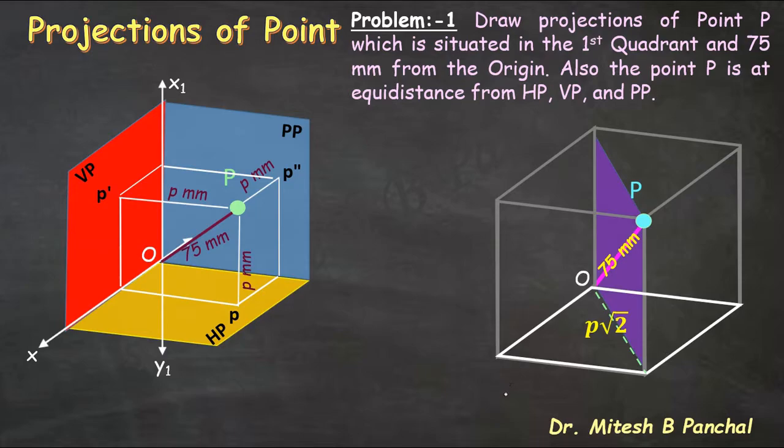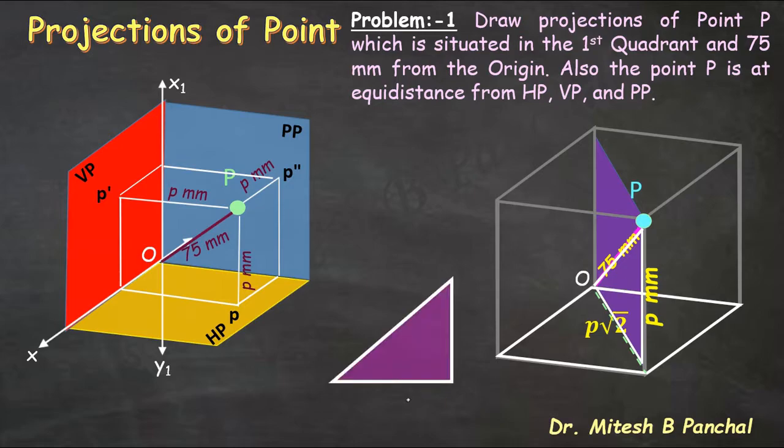So if you consider this particular plane, so that plane is nothing but a rectangle of size P root 2 and P mm. So in this particular rectangular plane, the diagonal is given as 75 mm. So if you look at this triangle, then it will appear like this, which is having base equal to P root 2.